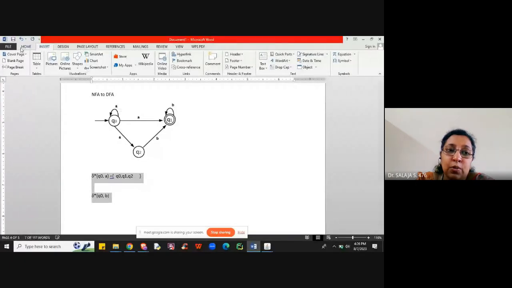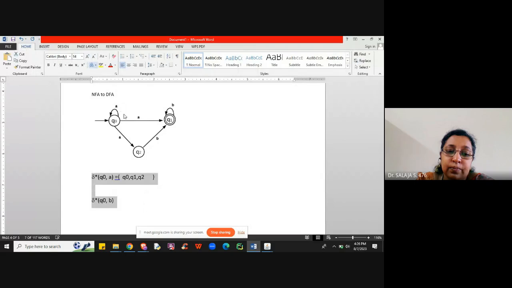Okay, Q naught on A moves to Q naught, to Q1, and to Q2. So you have three states as output. So the next new state will be Q naught, Q1, Q2.